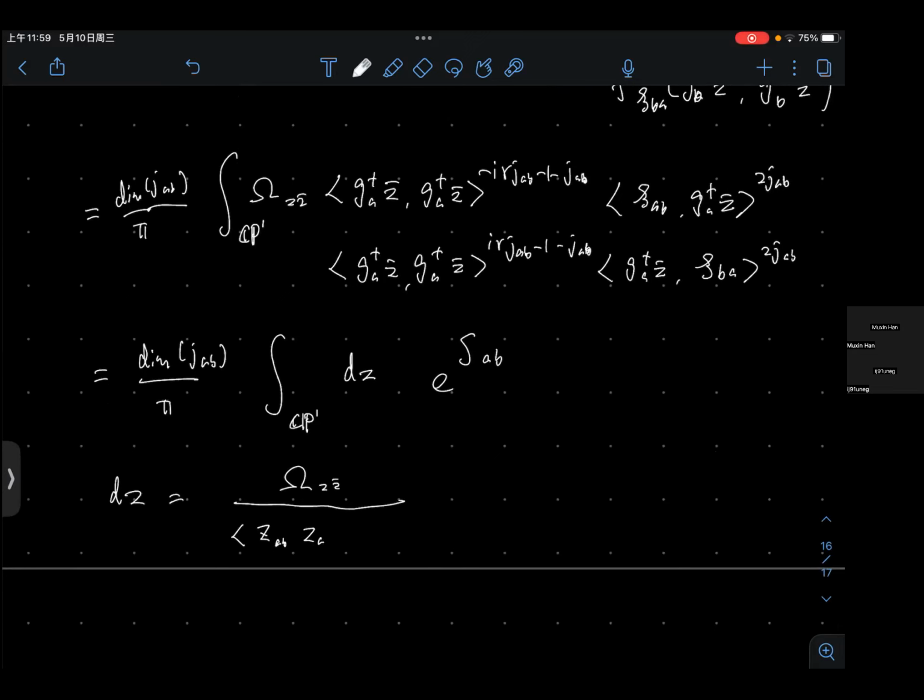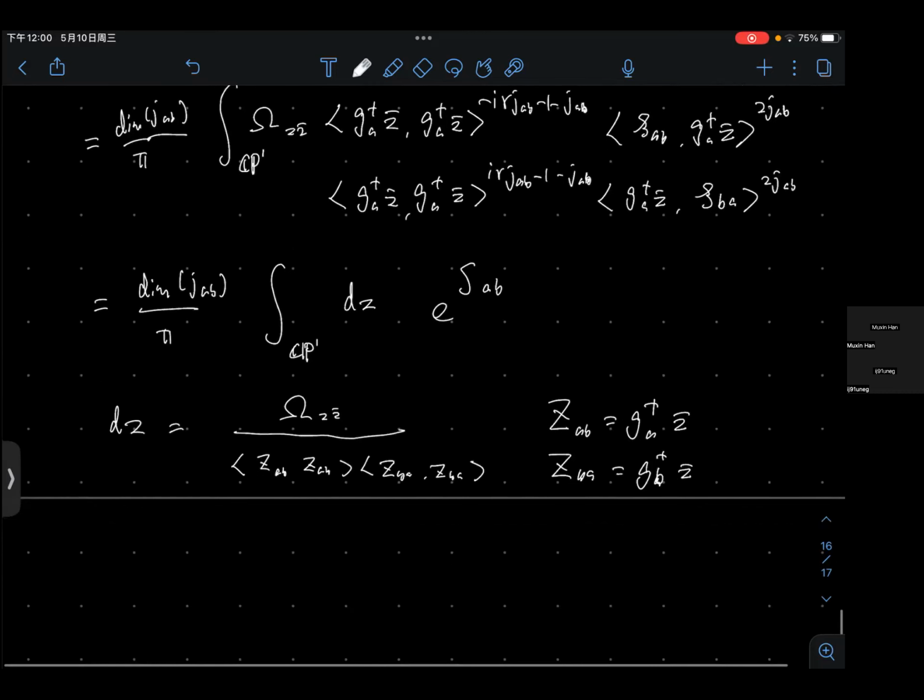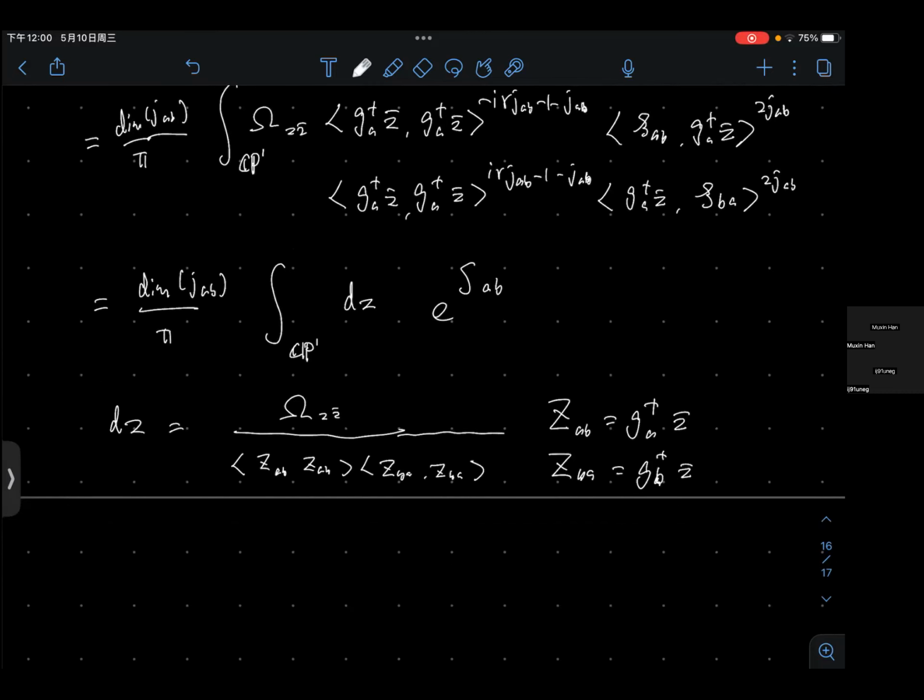ZB, ZBA. What are these? They are capital Z's. Capital Z AB is given by GA dagger Z bar, and ZBA is GB dagger Z bar. Okay, so this gives you a scaling invariant measure. And what is this action?